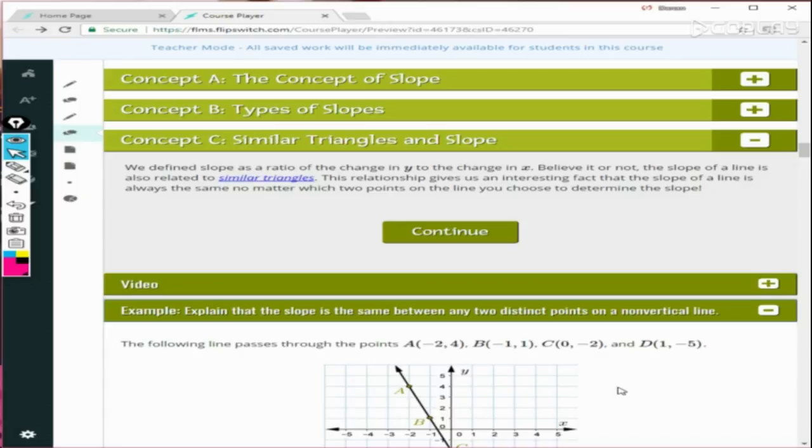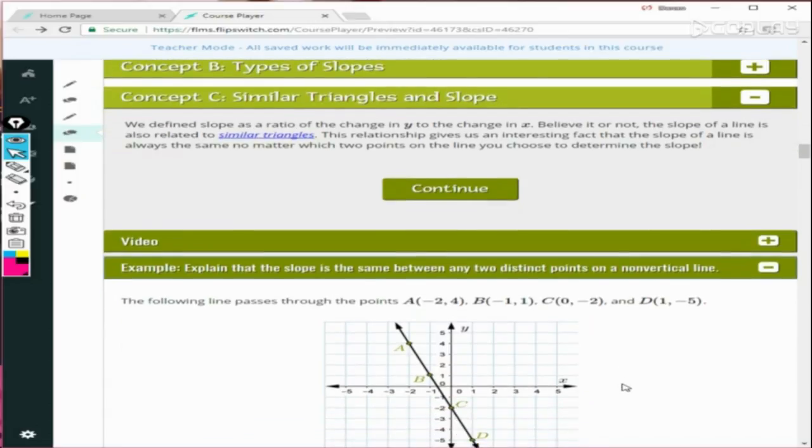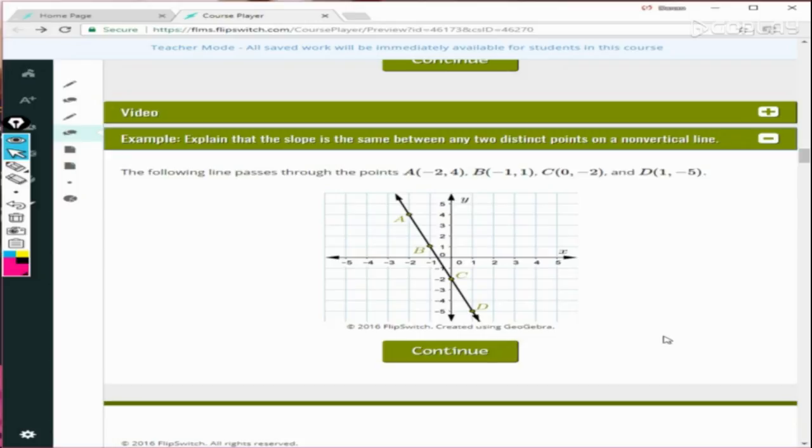The following line passes through the points A (-2, 4), B (-1, 1), C (0, -2), and D (1, -5). Alright, so they have them plotted out, which is lovely. I love the graphical representation of it.